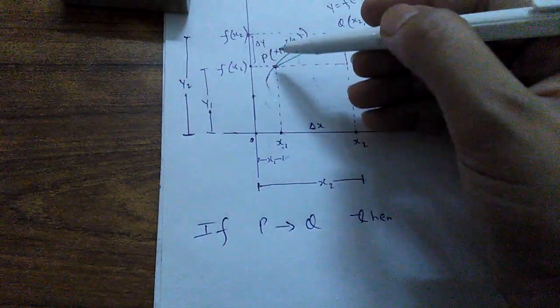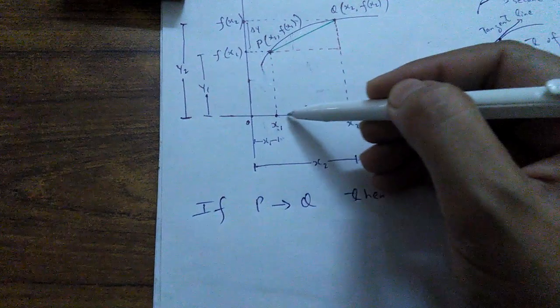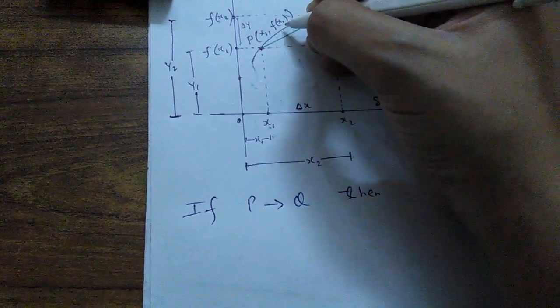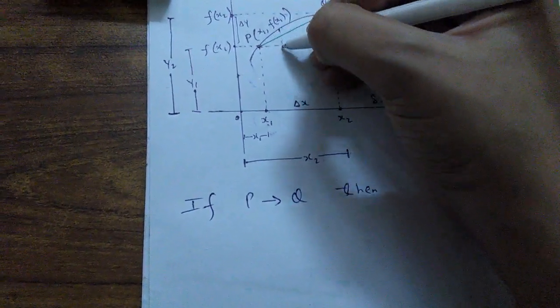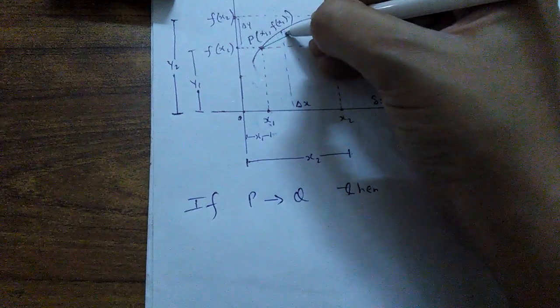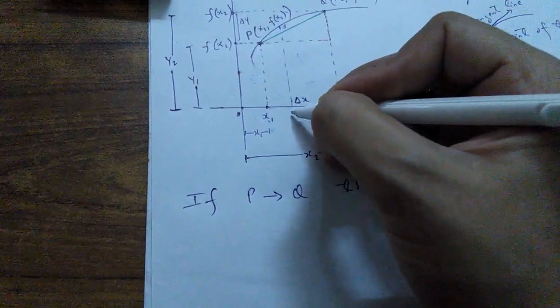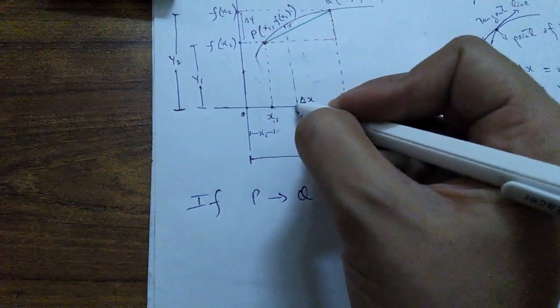So this is going to minimize the value of your del x. For example, if Q approaches from this point to this point, now Q is over here, so x2 is over here, and del x has now been reduced.